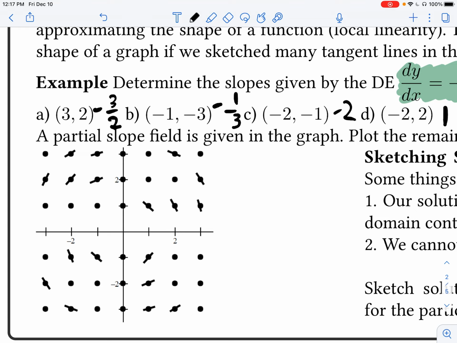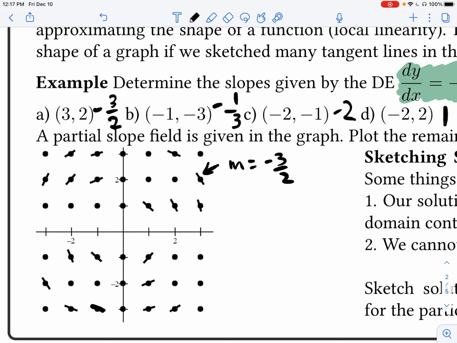So at A, for example, at the point (3, 2), we can see a tangent line here that looks like it has a slope of about -3/2. At the point (-1, -3), now I've got to graph the tangent line, and that slope is about negative, not about, it is -1/3. So that tangent line should look something like this.